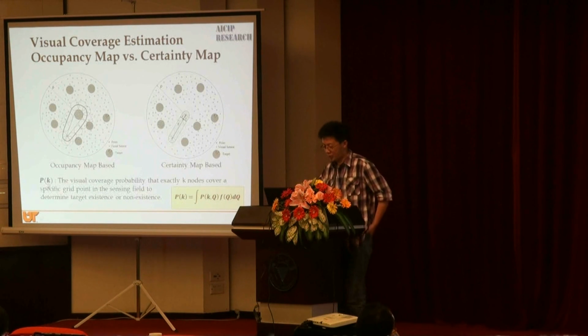We use PK to denote the visual coverage property that exactly K nodes cover a specific grid point in the sensing field to determine target existence or non-existence.